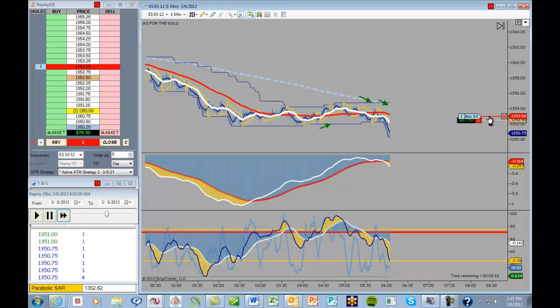You see those flashes of red over on the time and sales chart? That means we're hitting the low of the day, or creating a new low, as the case may be.